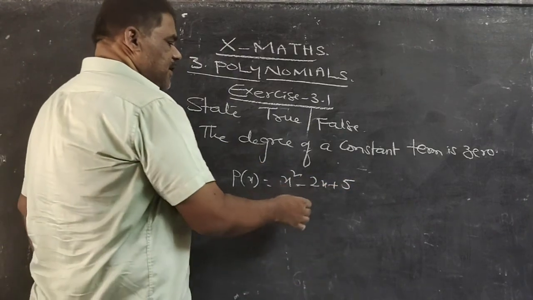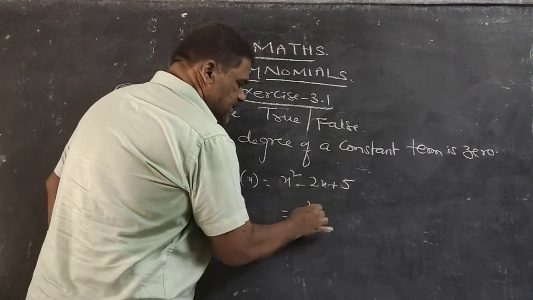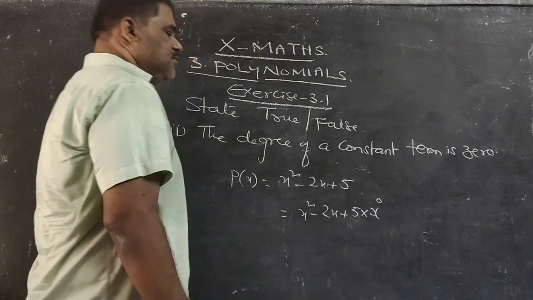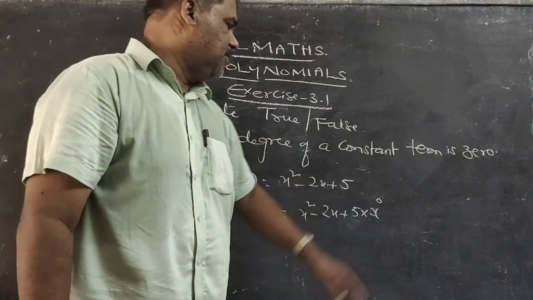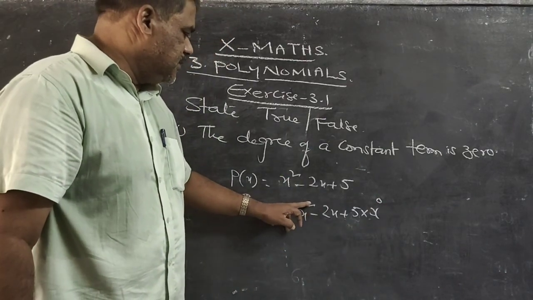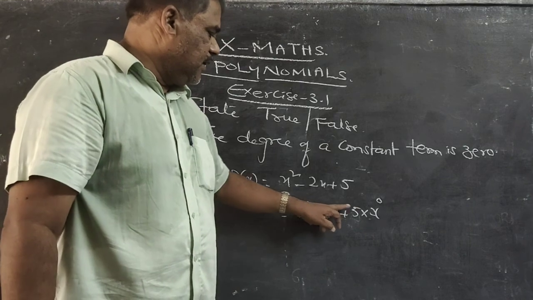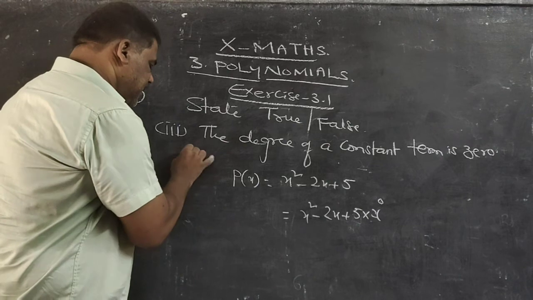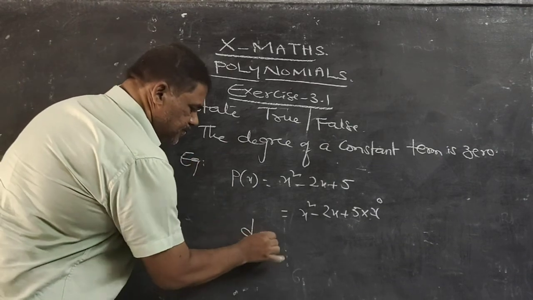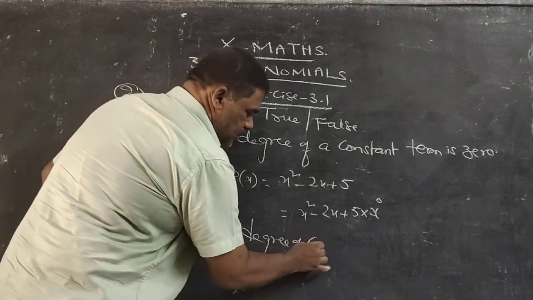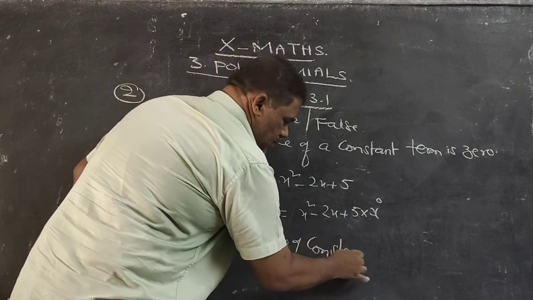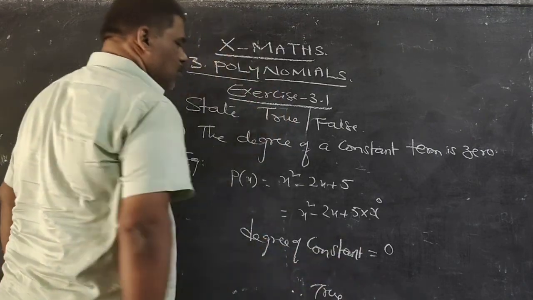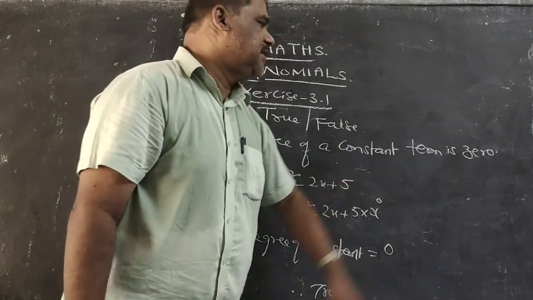Here x power is not there, so you can write x square minus 2x plus 5 into anything to the power 0 is 1. So we can write 5 into x to the power 0. So the degree of this term is 2, the degree of this term is 1, and the degree of the constant term is 0. Therefore, the given statement is true. So the degree of a constant term is 0.